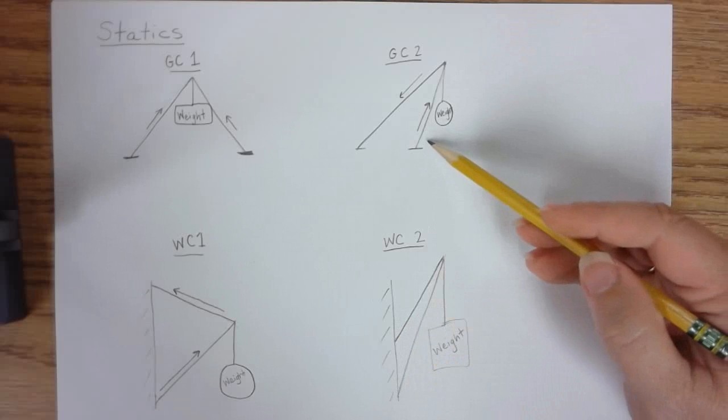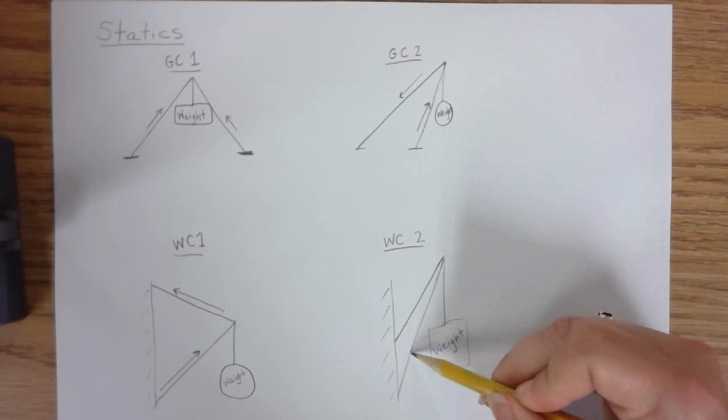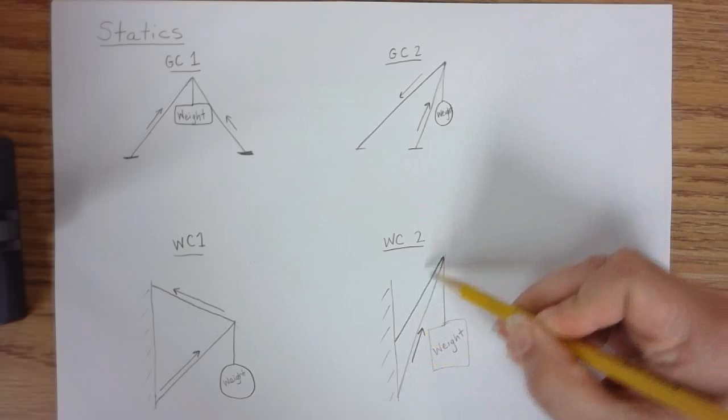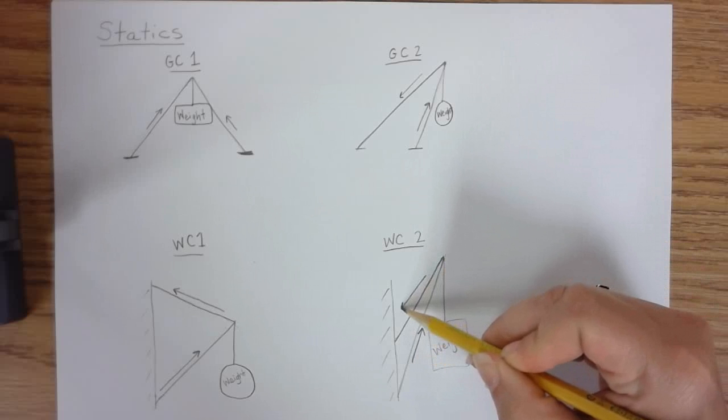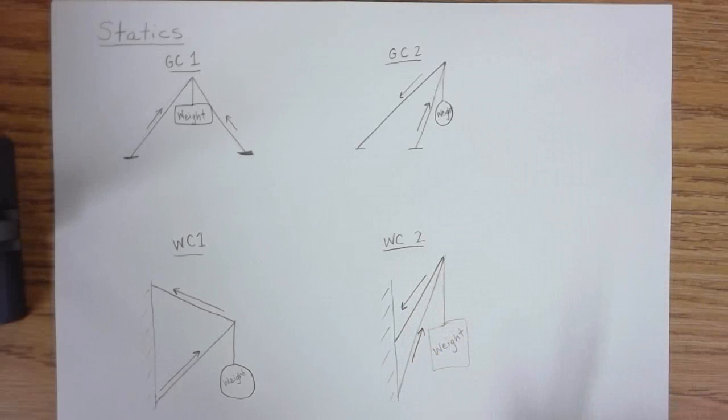And it's very similar to the ground case 2, in that the one closest to the weight is pushing in an upward direction, and it's like a pulley system here where the one furthest away is pulling back against the wall. So those are the 4 cases that we'll study in this unit.